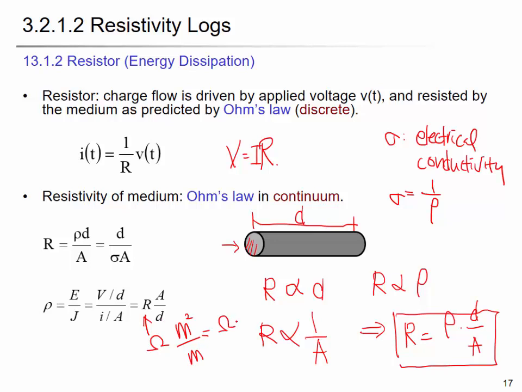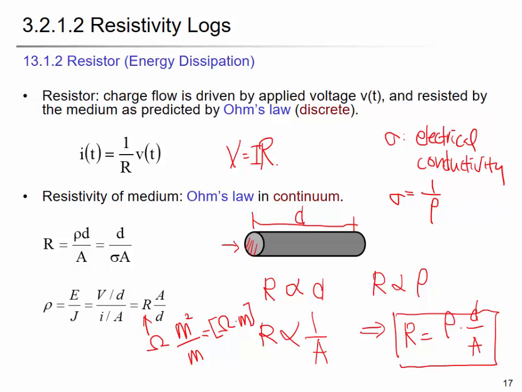So ohm meter is the unit for resistivity. Very straightforward.